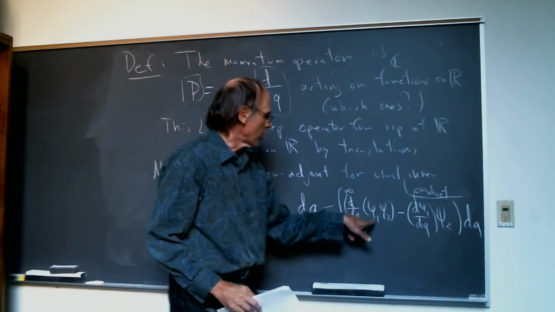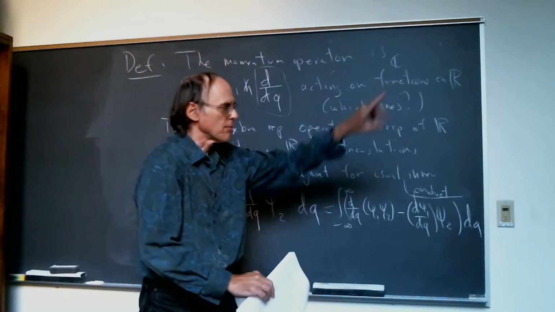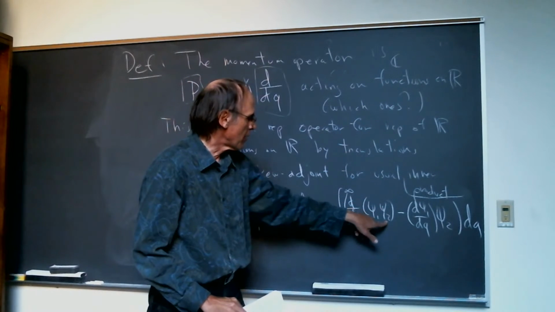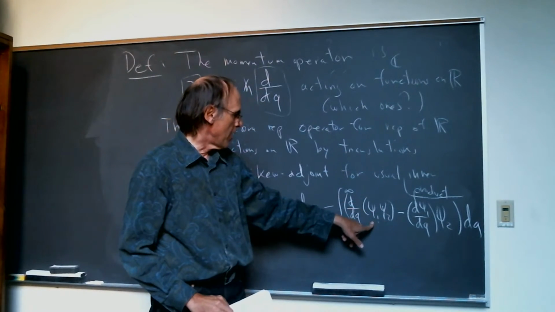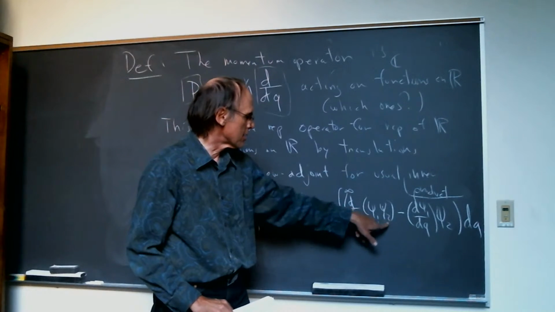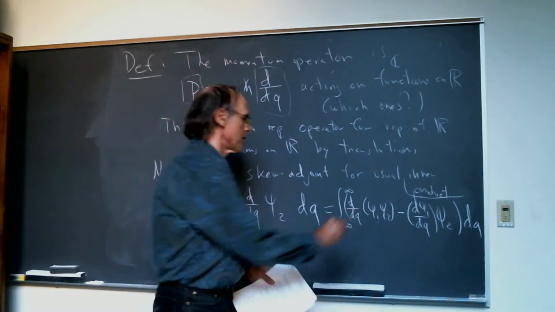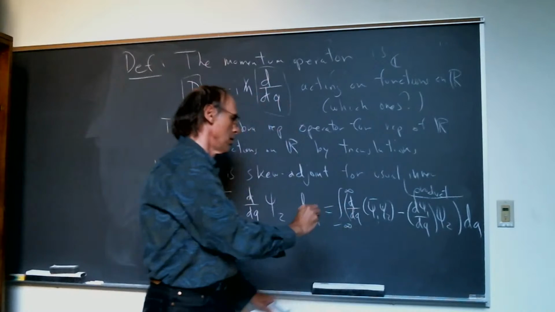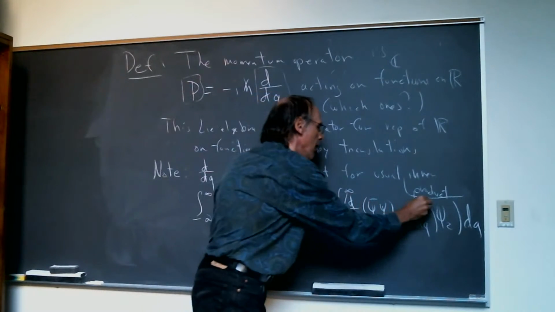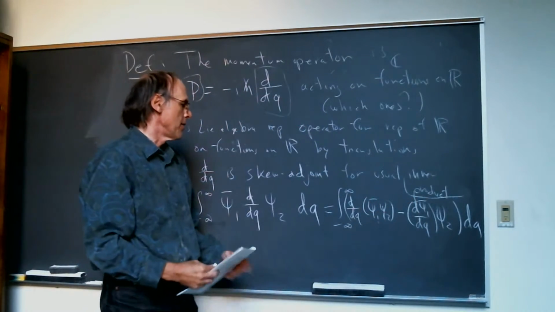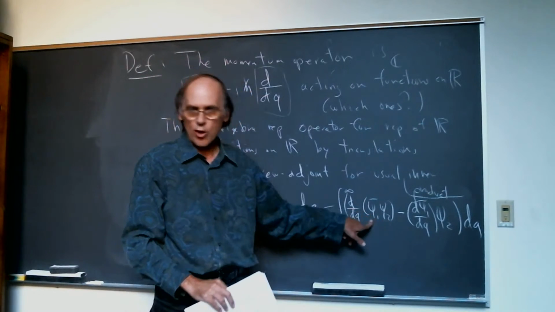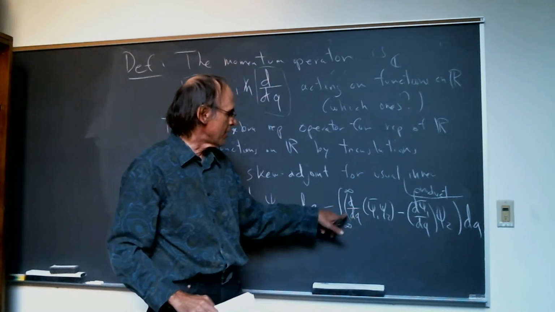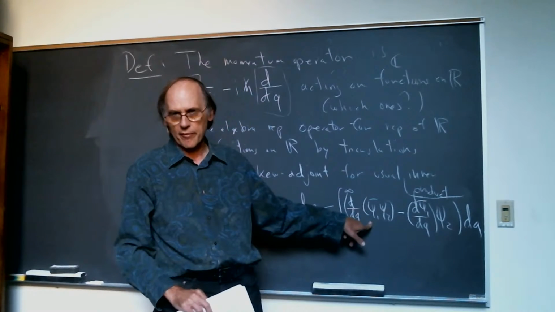If we're going to assume that these have a well-defined inner product, then this psi 1 times psi 2 bar has to fall off at infinity. And so you're taking the derivative of something that falls off at infinity.